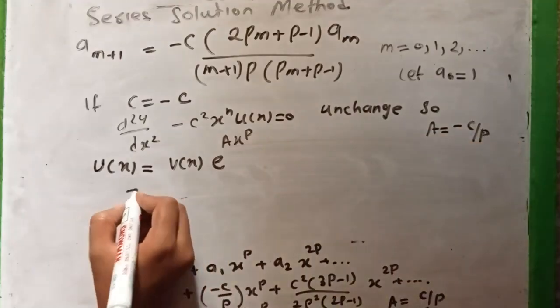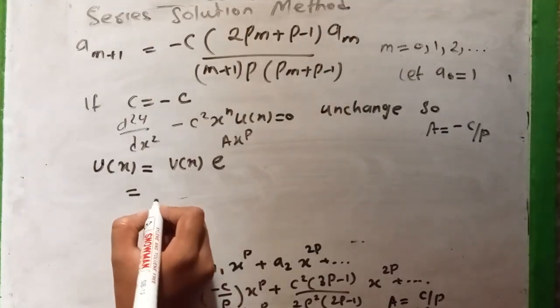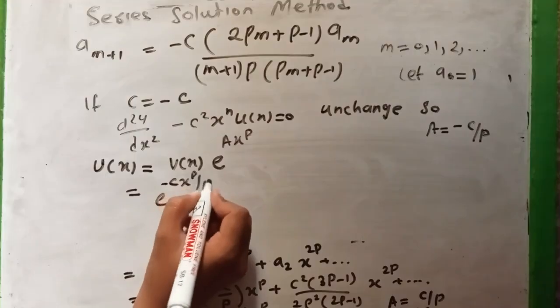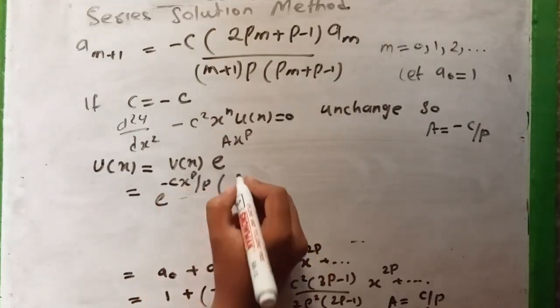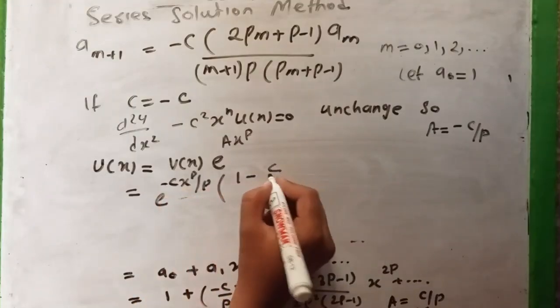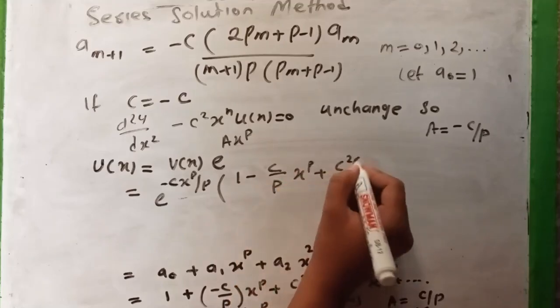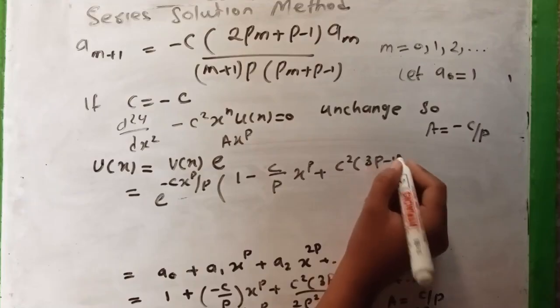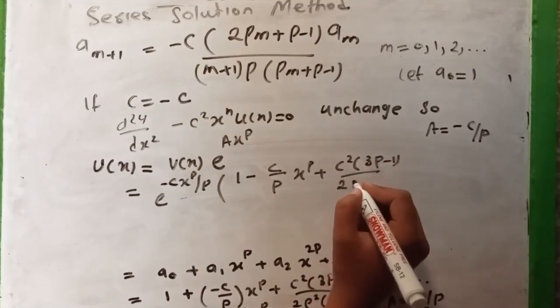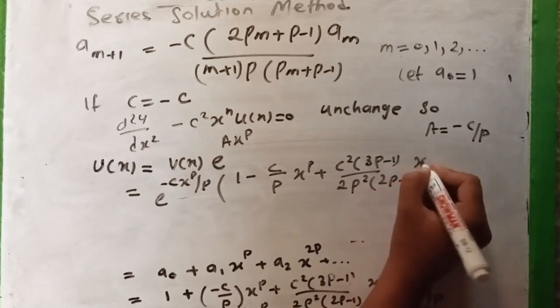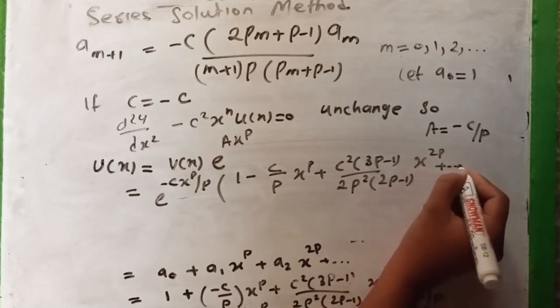So this becomes exponent minus c x raised to power p over p, and v is 1 minus c over p x raised to power p plus c square multiplied by 3p minus 1 over 2p square multiplied by 2p minus 1 x raised to power 2p plus so on.